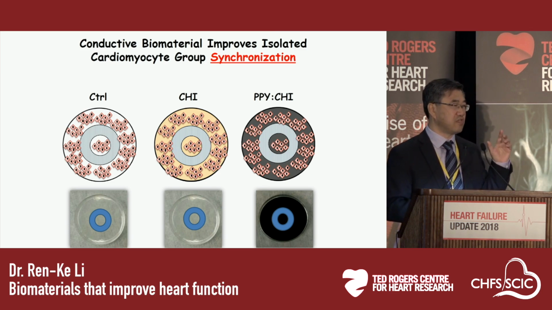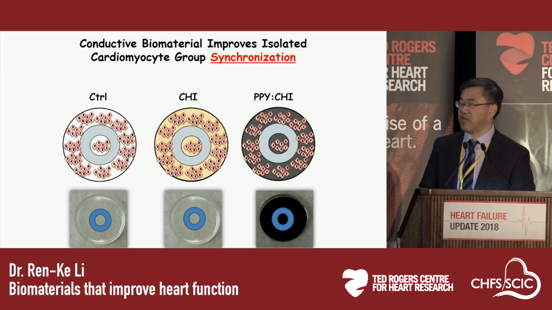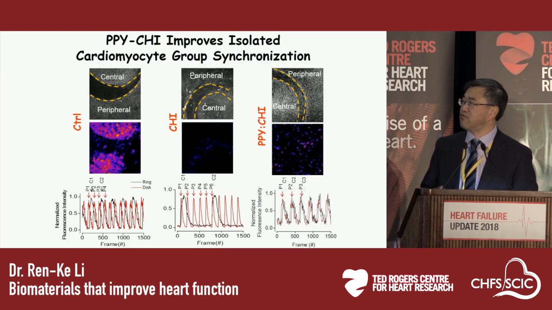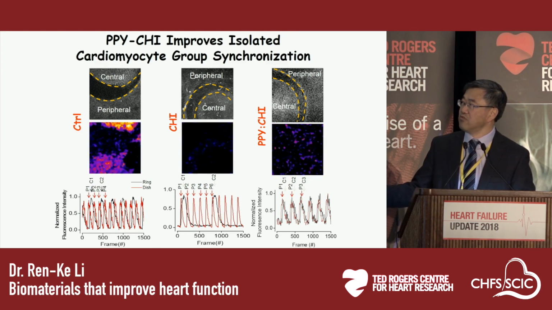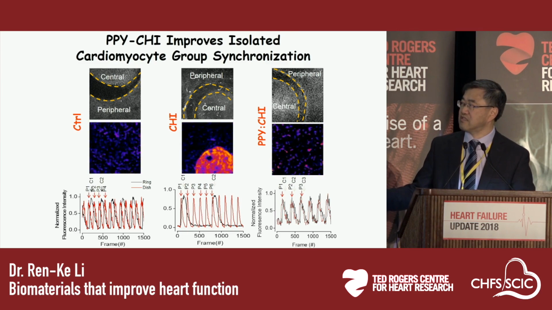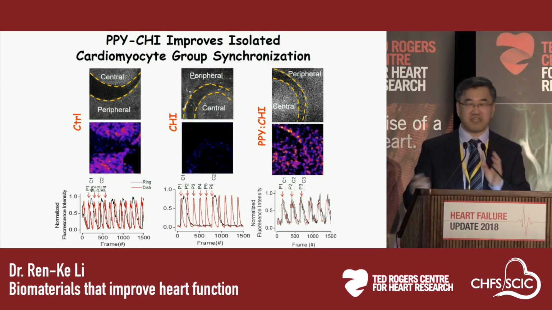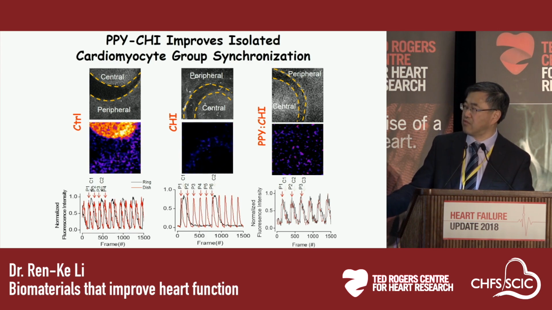And then she loaded the calcium dye to look at the cells' contractions. And then she found this. Just look at this. Outside the ring, the cells beat regularly, and inside the ring, the cells beat at a different rate. So these are two lines, the black line and the red line.